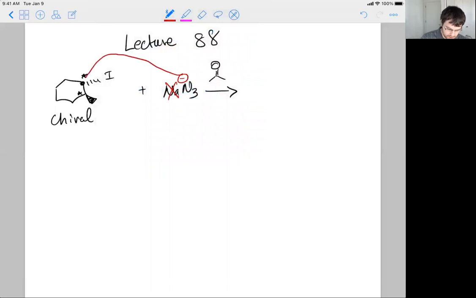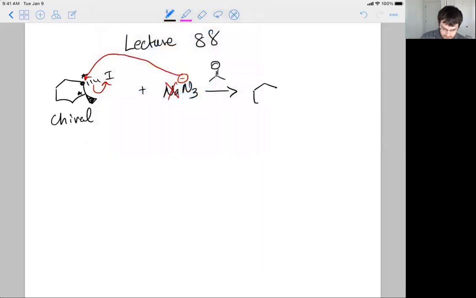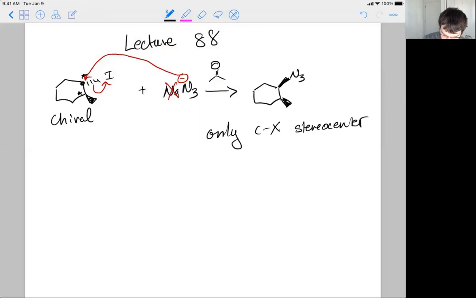So as N3 comes and adds to the carbon containing the iodine and pushes off that iodine, we can redraw the product with the exact same arrangement and connectivity, but we're going to replace the dash to the iodine with a wedge to N3, our nucleophile. So only the CX stereocenter inverts.